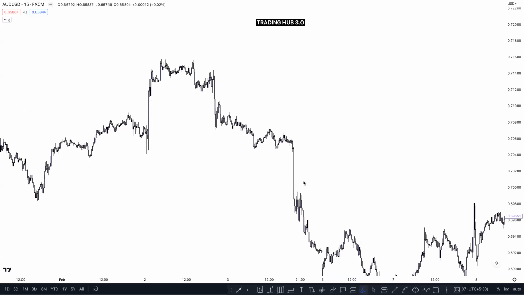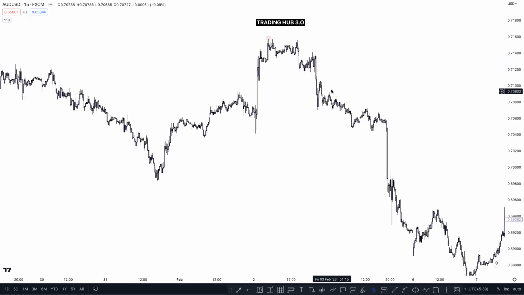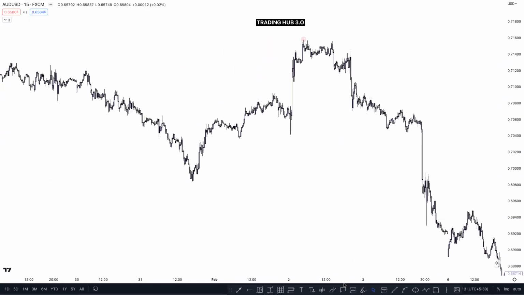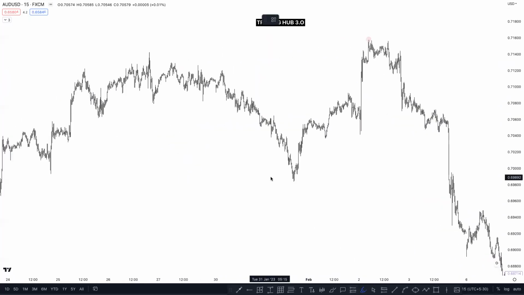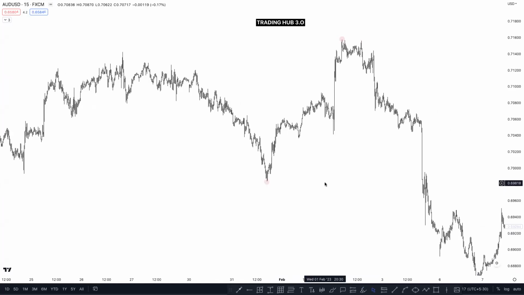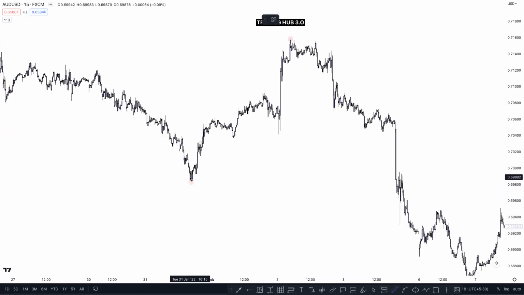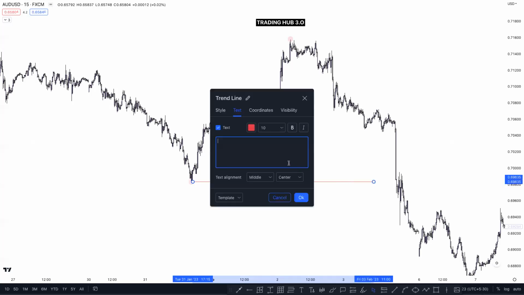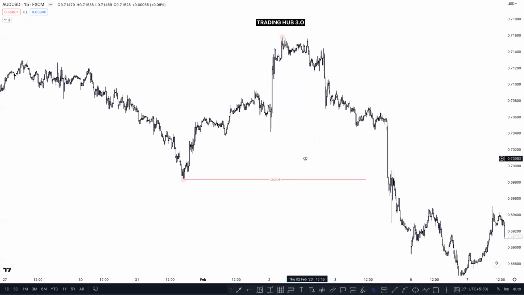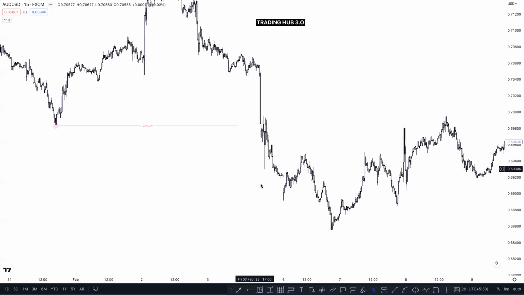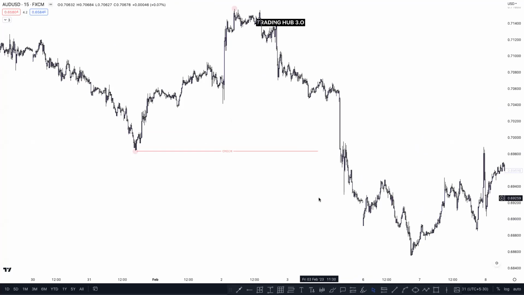At this point is our higher high, and the previous structure was here. Then structure broke here, and this becomes our change of character, because before this move the structure was bullish. This becomes our shock, continuing to push downside.